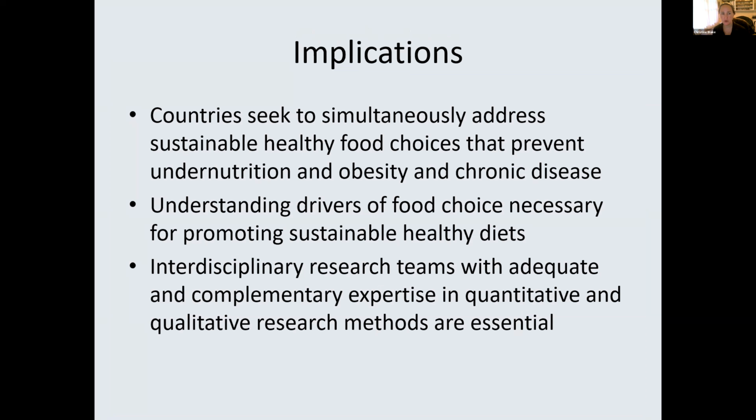Understanding these drivers of choice is necessary for promoting sustainable, healthy diets, for thinking about how to stimulate demand, for working to encourage environments that nudge toward healthier eating choices rather than unhealthy, and that interdisciplinary research teams with adequate and complementary expertise in both quantitative and qualitative research methods are essential for generating useful data to contribute to this aim.